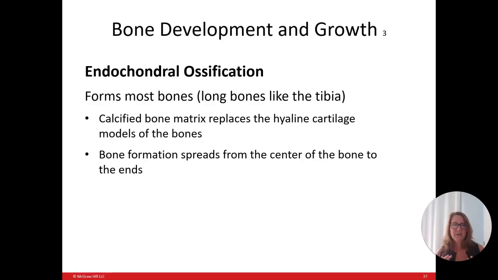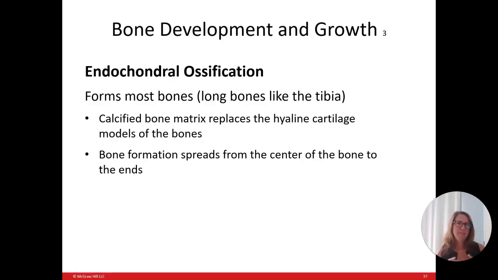Okay. Endochondral ossification forms most of the bones of the body, because most of our bones are not like our flat bones. So they are long bones, all the bones of your arms and your legs. What's going to happen in this particular type of bone development is that calcified bone matrix is going to replace a cartilage type model.